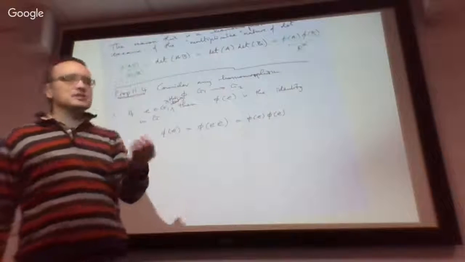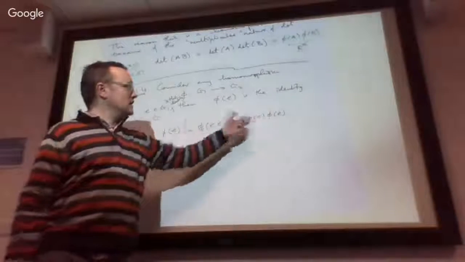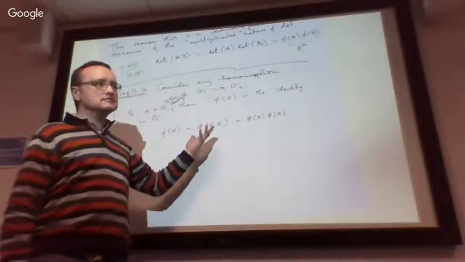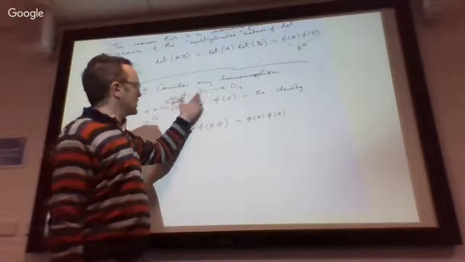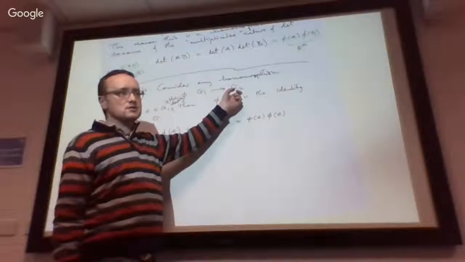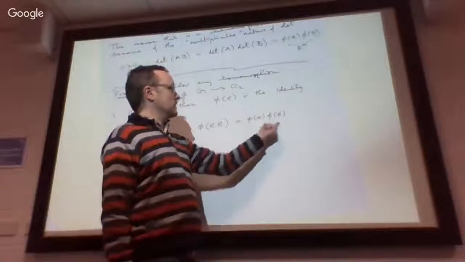And how can an element equal its square? Because we've got the group cancellation law. So we should be able to pre-multiply both sides by the inverse of phi of E. Phi of E, remember, at the moment we just know to be some element of G2.